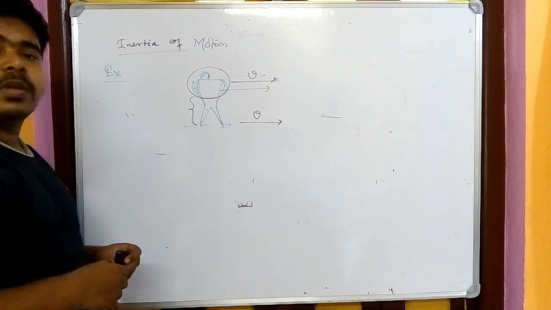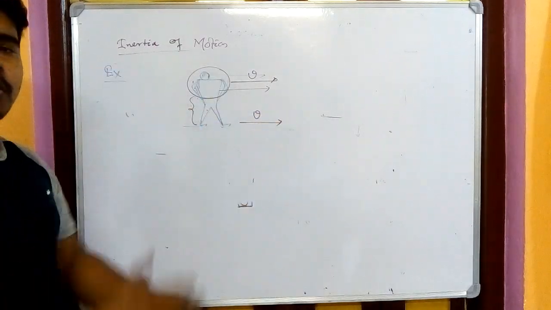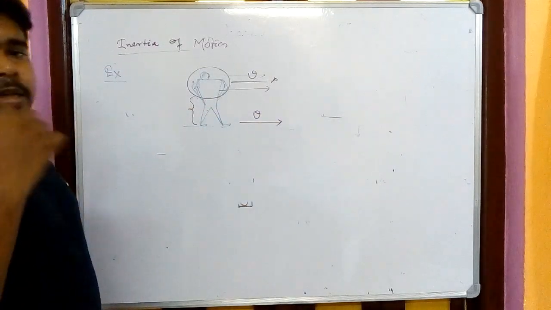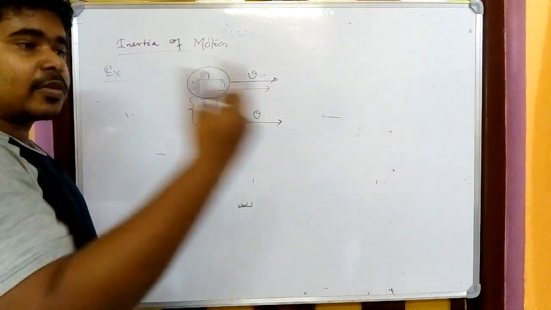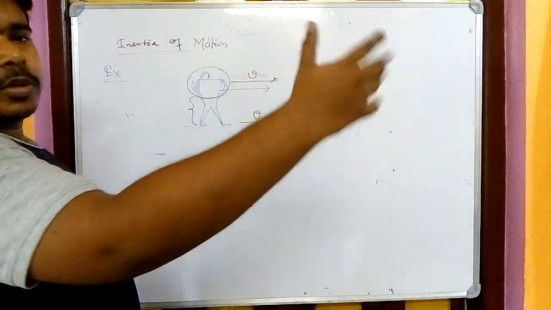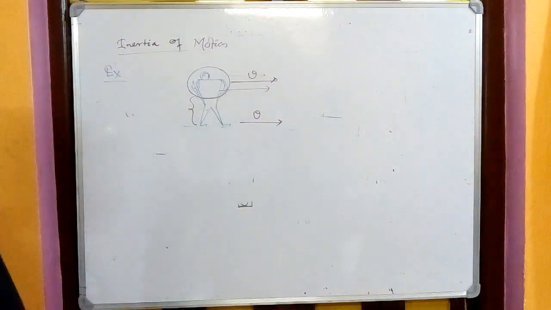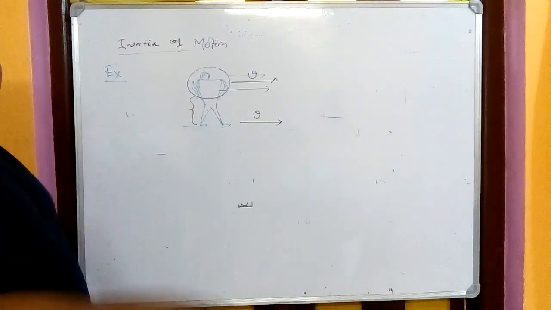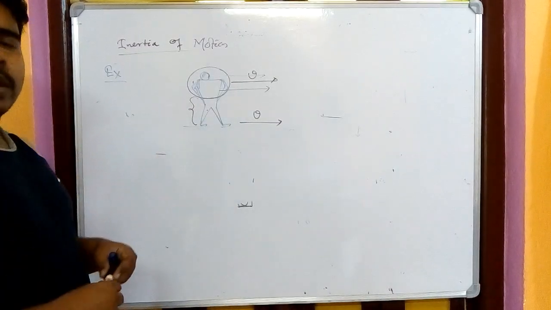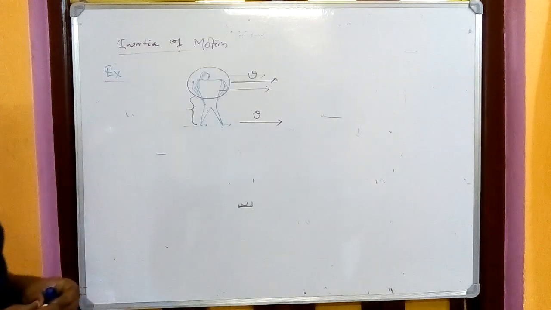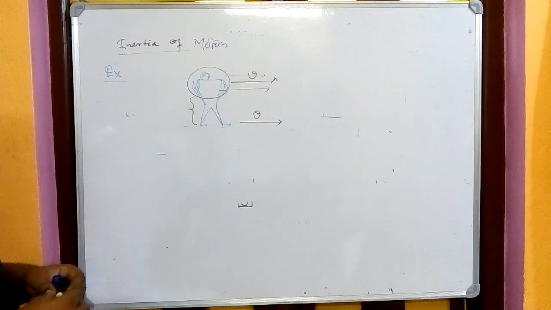If you are standing on the bus, or even sitting, you will move forward, and sometimes your head knocks, you strike the seat in front of you. That's why they always tell you to hold the handle given at your seat, otherwise this type of accident may happen. So that is one example.